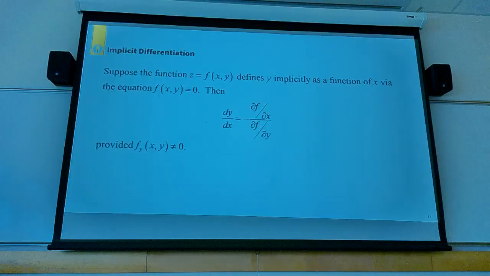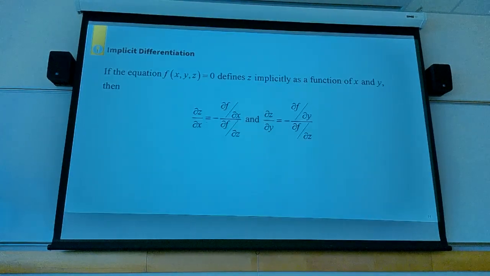Why is it y that's getting defined implicitly? It doesn't have to be. We're just saying here y is implicitly a function of x, so we can write dy dx. You just flip it if it's dx dy. Well, then you'd have similar things.